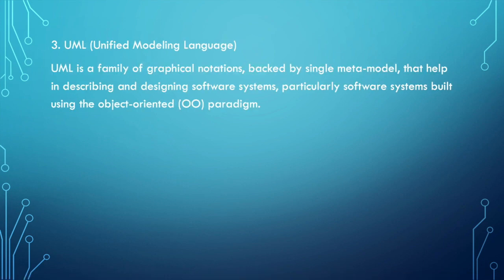Now we continue to UML, Unified Modeling Language. As you have used this graphics notation in previous courses, it is a family of graphical notations backed by a single meta model that help in describing and designing software systems, especially software systems that are built using the object-oriented paradigm.